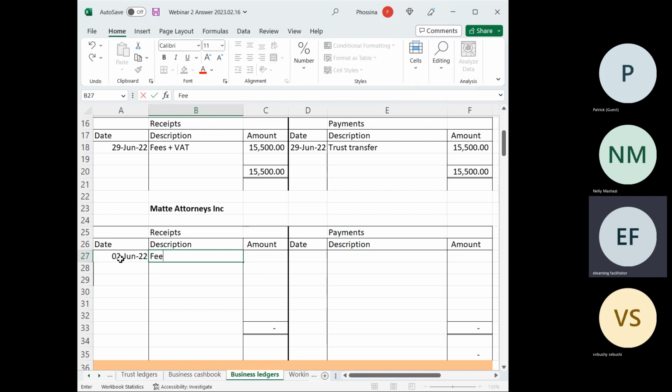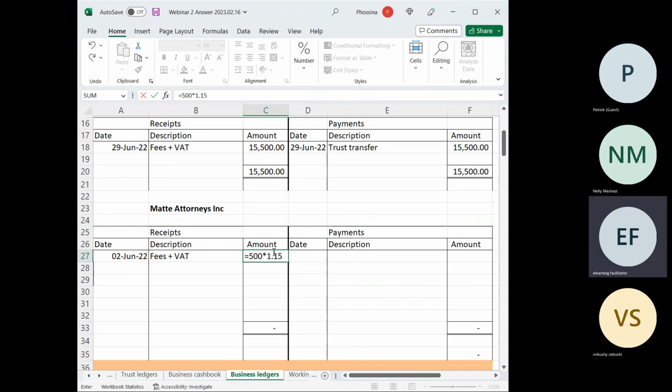So our fee plus VAT. Remember, we are registered for VAT, so we have to always have fees and VAT together charged to our data. So in this case, our fee is 500, and we are going to put VAT.